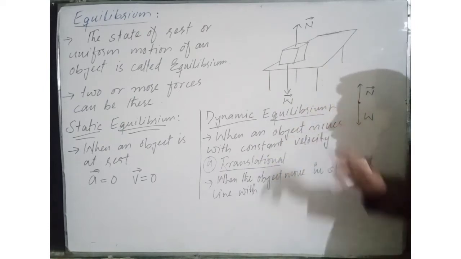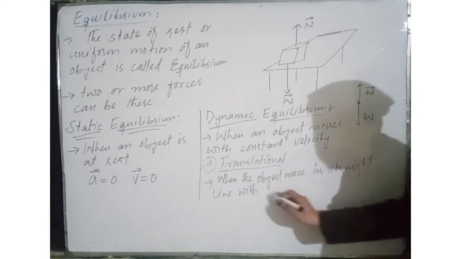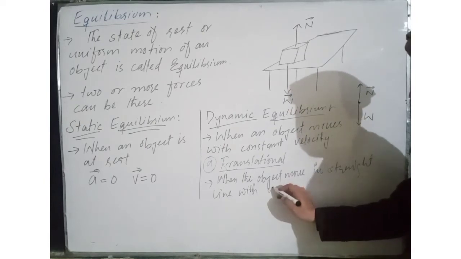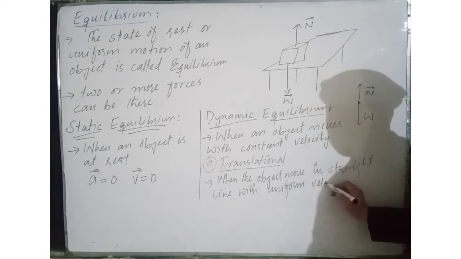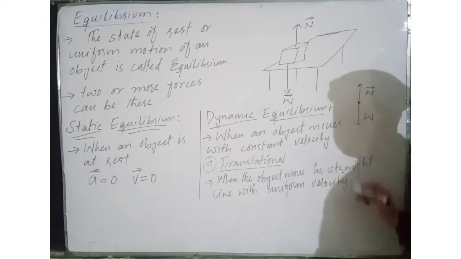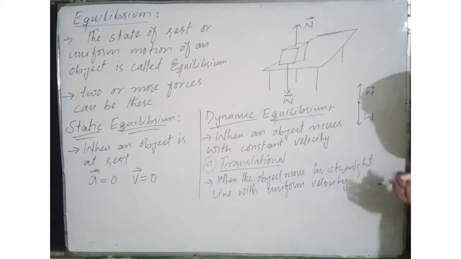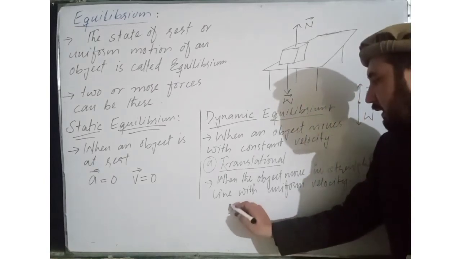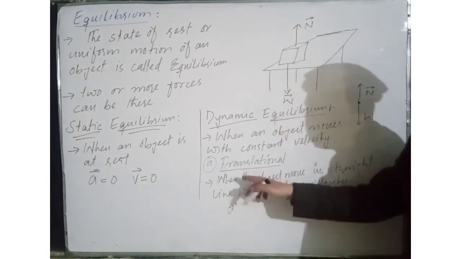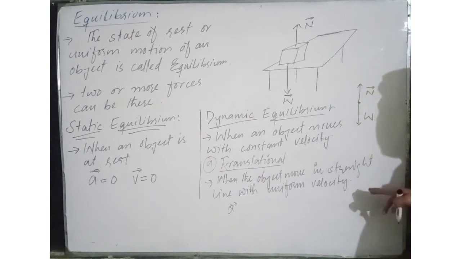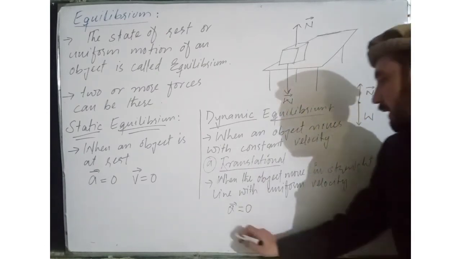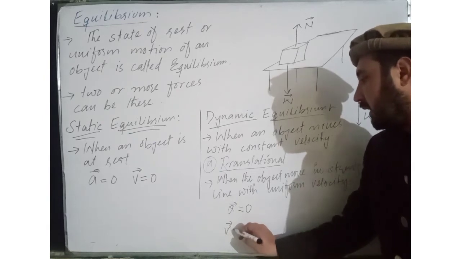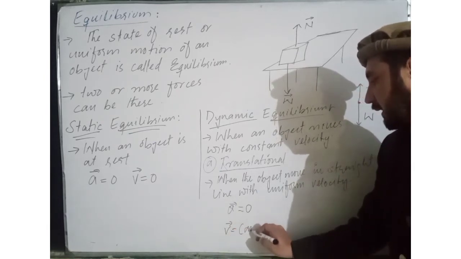So that is the condition for dynamic equilibrium. Over here again the linear acceleration, because it is moving in a straight line, will be zero, but the linear velocity of the object will remain constant.